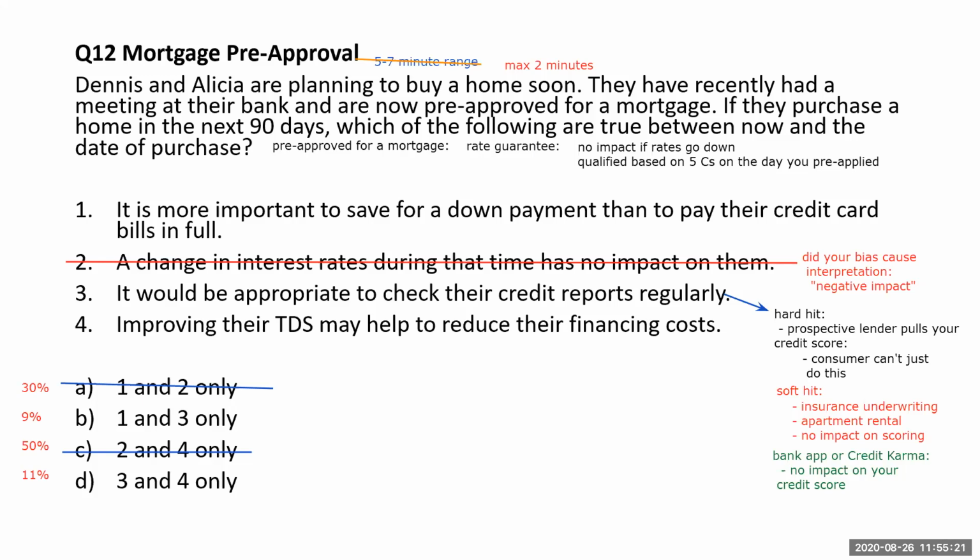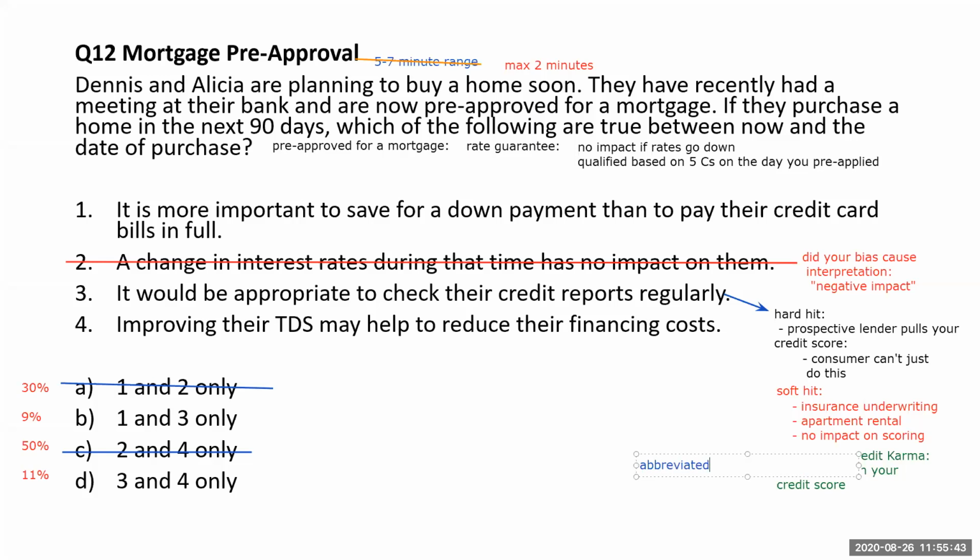Yeah, so why not Baljeet? Oh, no, I see what you're saying. When you log into these apps, okay, your bank app or Credit Karma, you're getting an abbreviated version of your credit report. It's not going to be the full report, but it's an abbreviated version of your credit report.